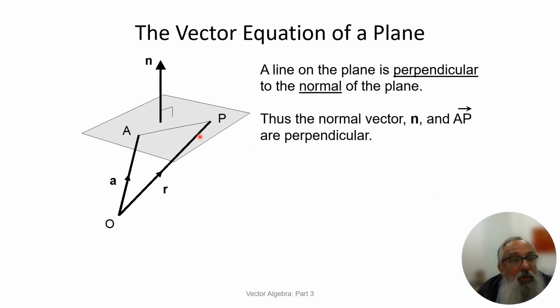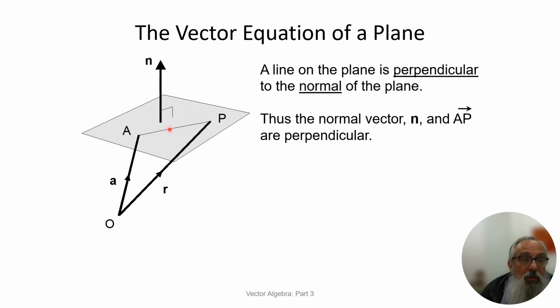We can do that if we look at our construction similar to a line, where we have a line joining A and P, and in this case A and P are 2 points in the same plane, and we can draw a line from A to P, so that line AP will be in the plane, and AP is P minus A, and we have a normal to that plane.